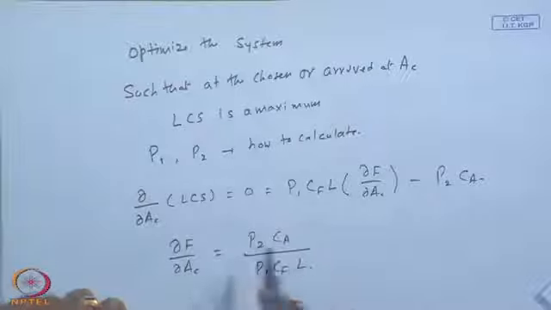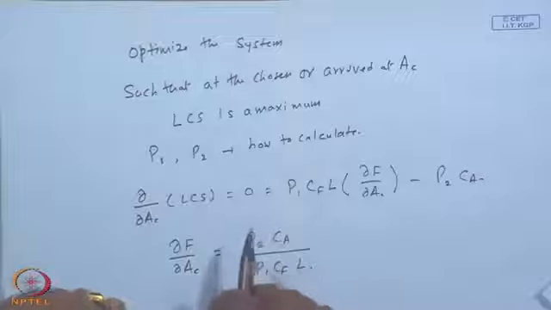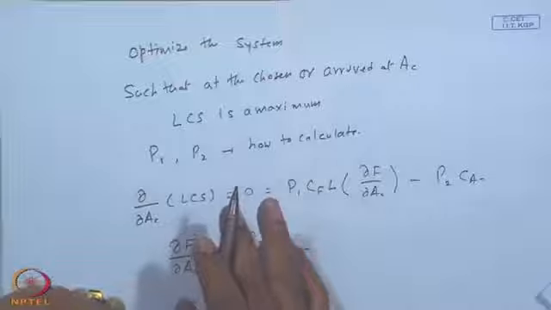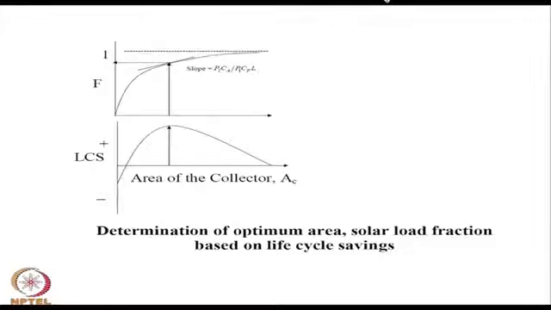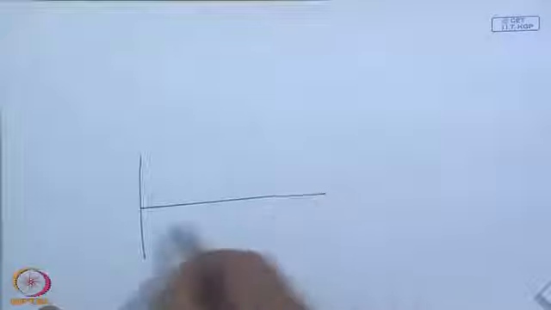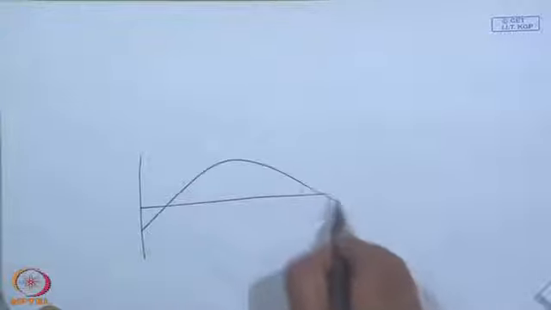So, if the slope of the solar load fraction with respect to area equals P2 CA upon P1 CFL, that point will represent either a maximum or a minimum. In the present context, it will be a maximum. One can easily verify that if you second differentiate it, it will be negative or just equal to 0. So, now we have briefly indicated about the life cycle savings curve.